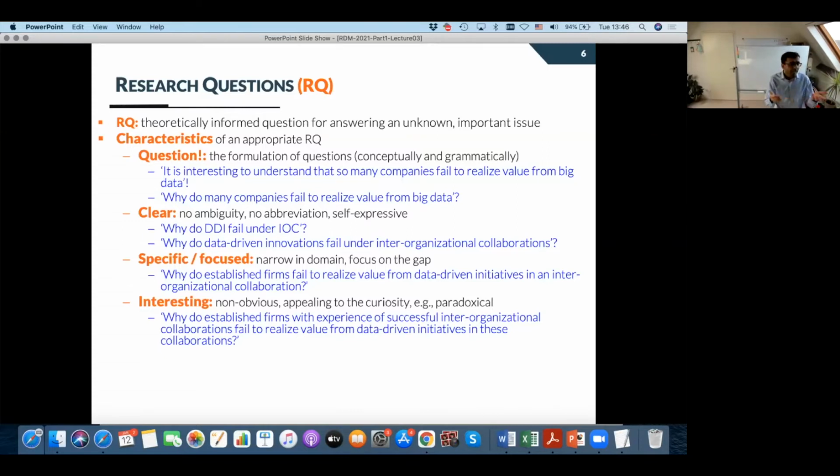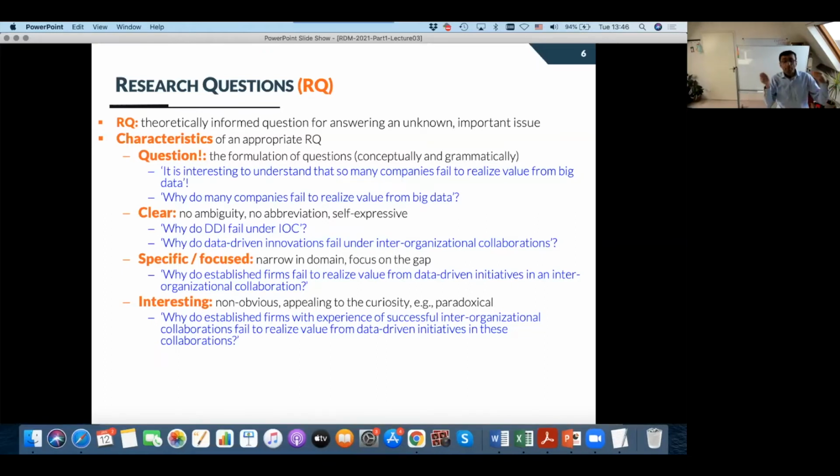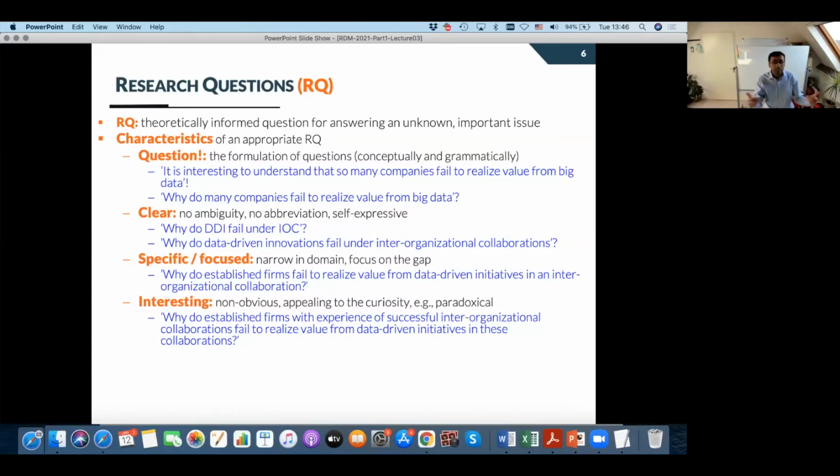You would say, well, they have money, they buy it. It's not such a big surprise. But if I ask, how do large companies with a lot of experience in inter-organizational collaboration keep failing in new collaborations, then you say, oh, that seems interesting. Because the expectation is the other way, that they succeed. But now we see the question is the other way.